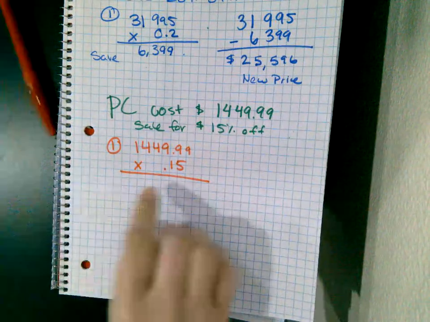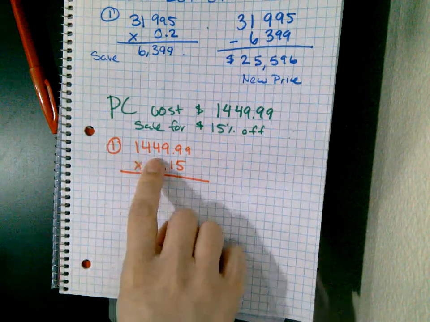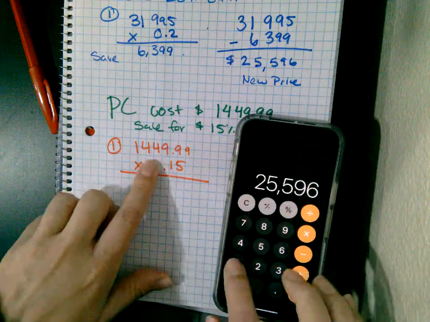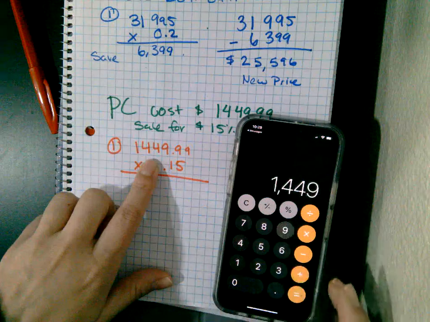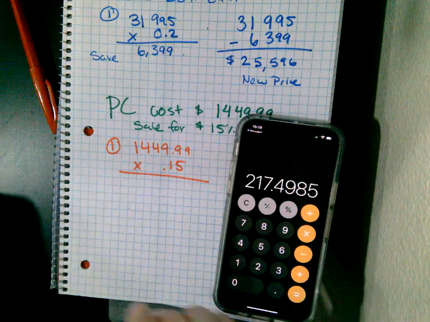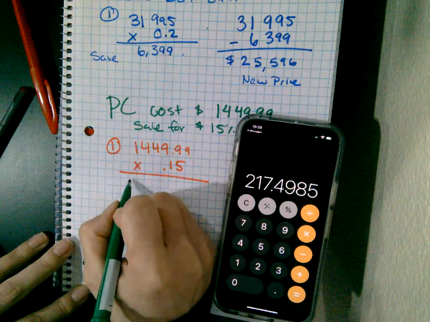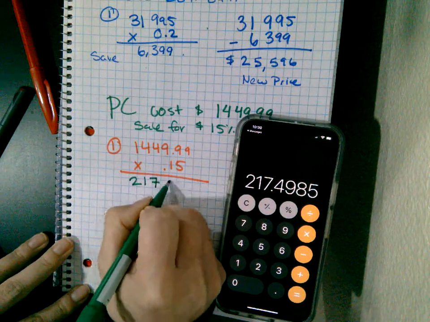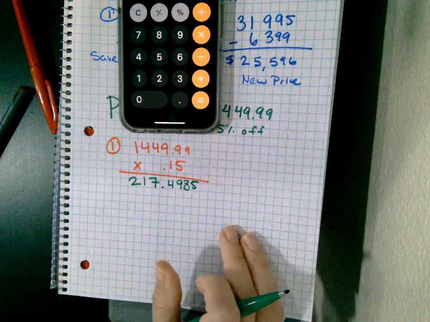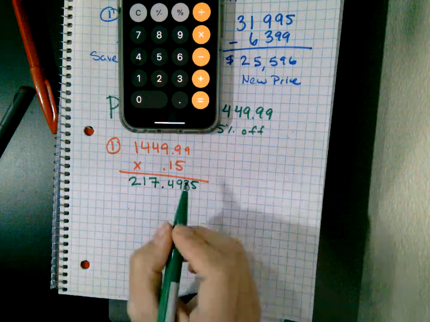All right, let's type this into our calculator. $1,449.99 for this PC. 1,449.99 times 0.15 is 217.4985. Okay, so here we have to round.